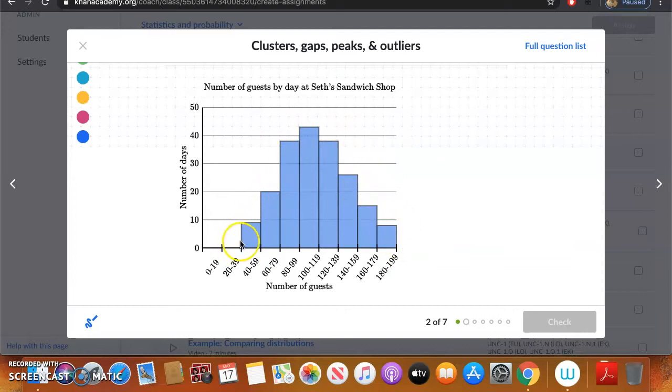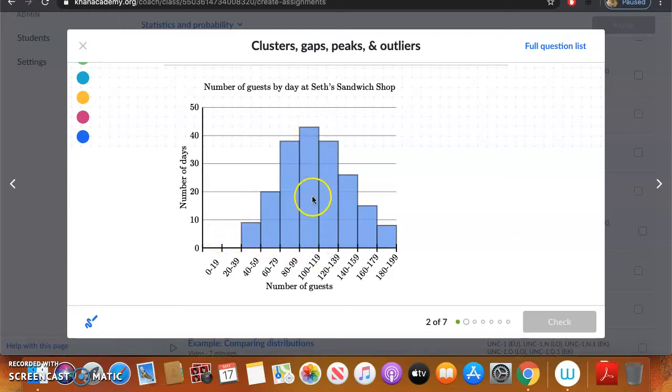If we were to connect the middle or the corners of each of these bins, we would get a nice bell shape, a normal distribution, a normal curve.